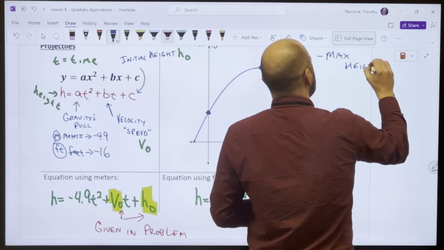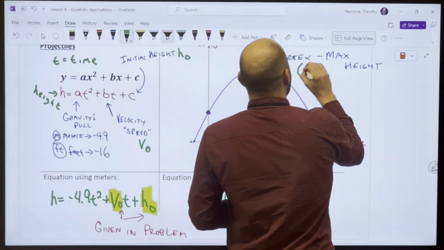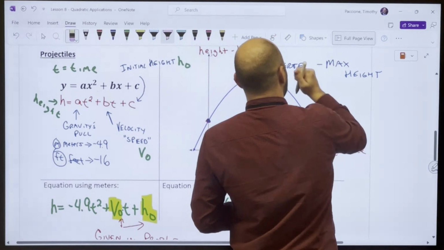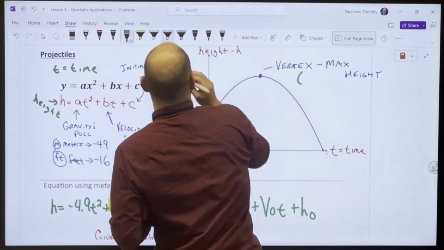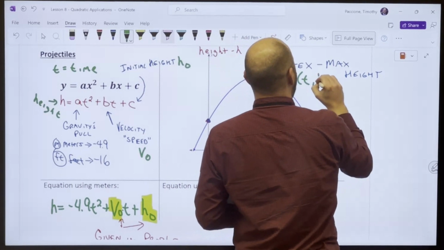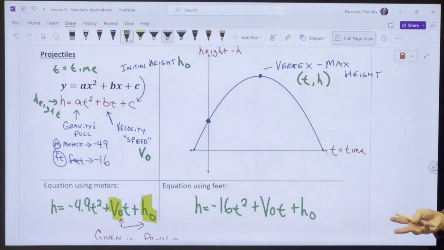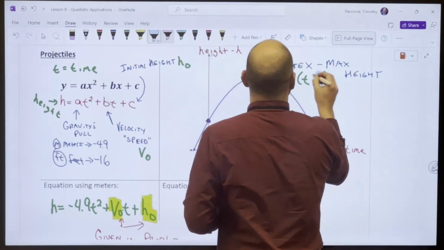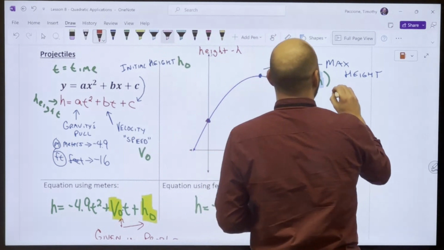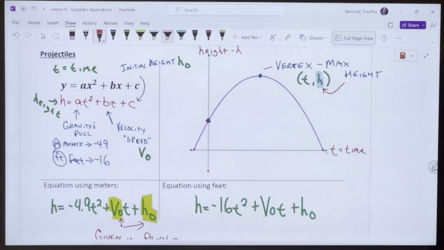And at that max height, we will have a value of t comma h. Which is the value that we want if we're looking for height? H. So it's the y value of your vertex, right? Or h value in this case.